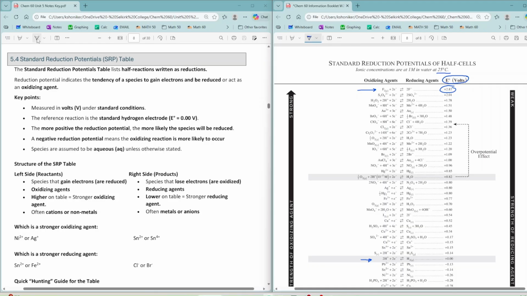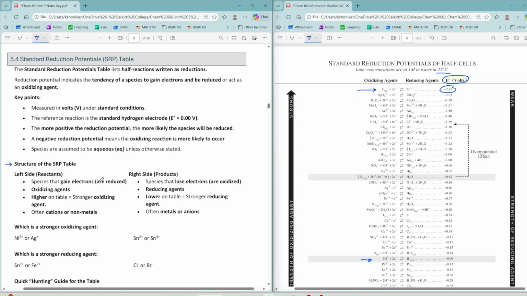And then, like I already said, but I got ahead of myself, the structure of this SRP table, or standard reduction potential table, is that the left-hand side shows your species gaining electrons, being reduced, or acting as oxidizing agents. The higher you are on the table, the stronger the oxidizing agent you are.